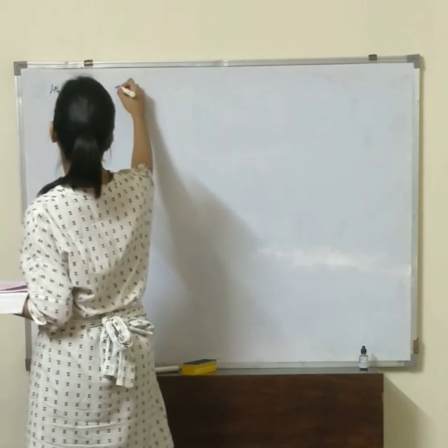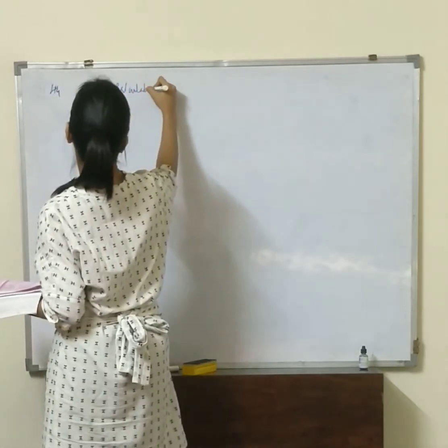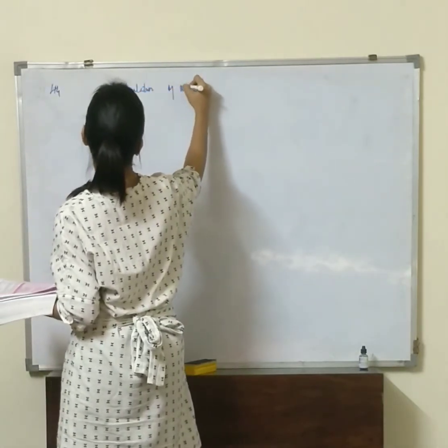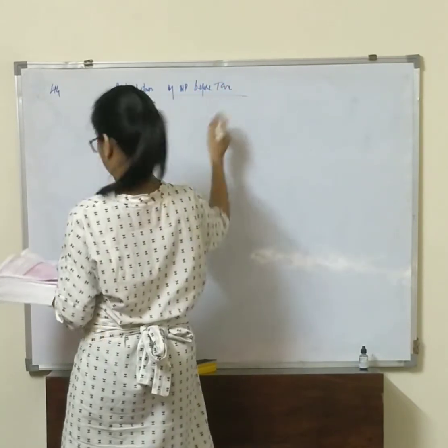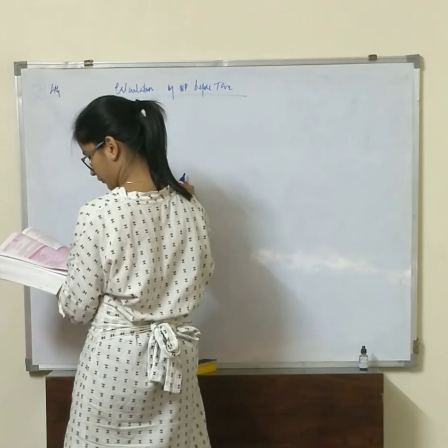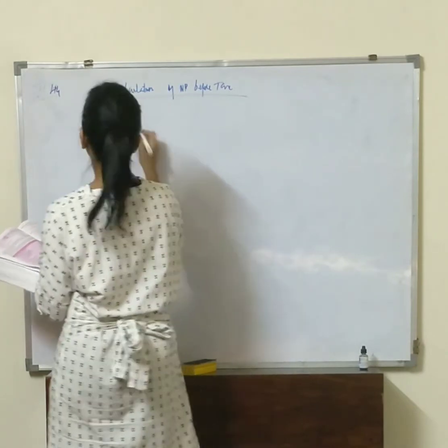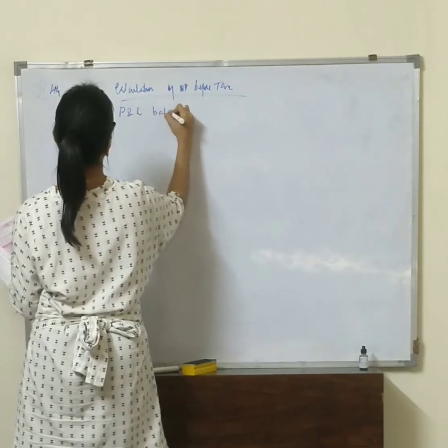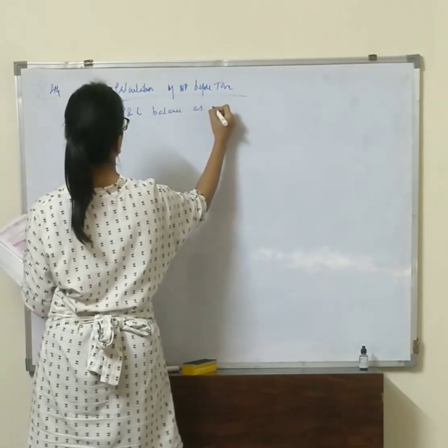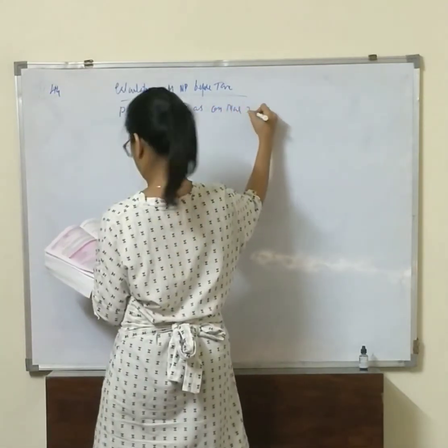So the first step is calculation of net profit before tax. So what is our profit and loss? Profit and loss balance as on March 2012.